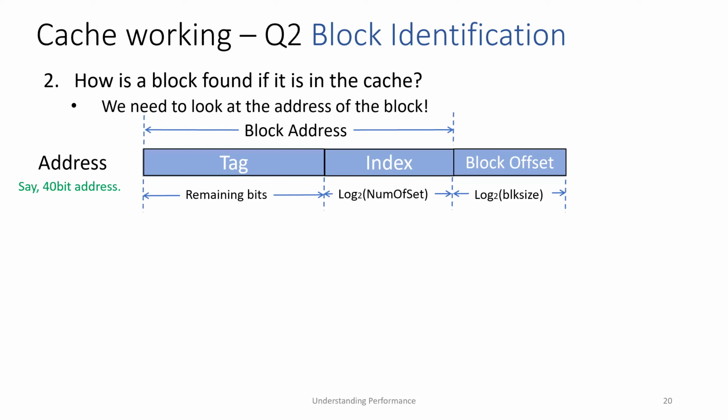Now, let's say we have 40 bits of address coming to us, and let's say our block size is 16 bytes. It means that the block offset will be 4 bits, 0 to 3, right? And if we say our cache size is 128 bytes, then the number of sets depends on the cache configuration, which is direct mapped, set associative, or fully associative.